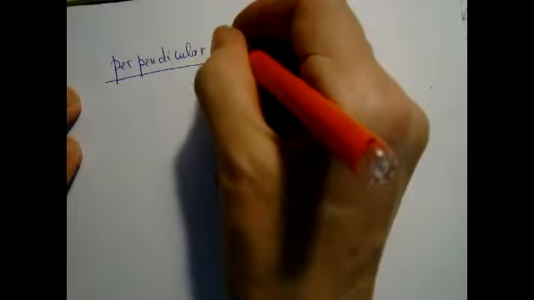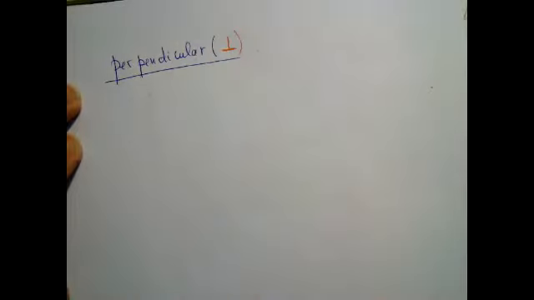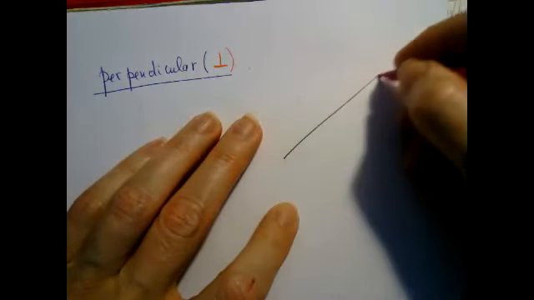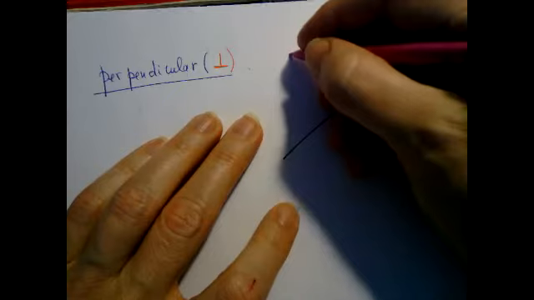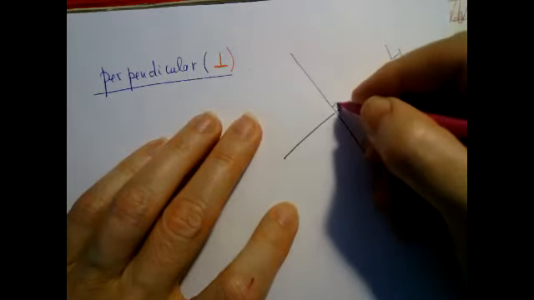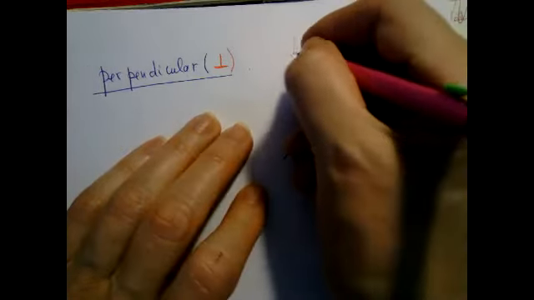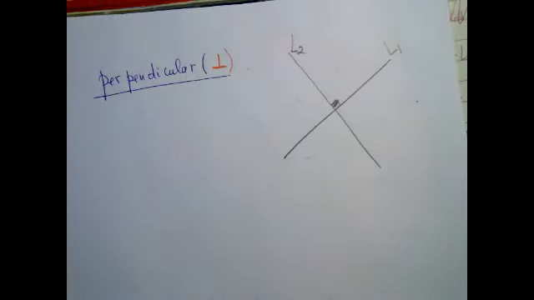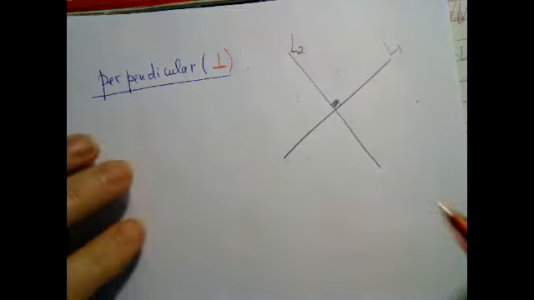Okay, so now perpendicular lines. Let me remind you what perpendicular is. The symbol for perpendicular is this. That's the symbol in case you forgot. Perpendicular means it forms a 90-degree angle with the other line. So those 2 lines are perpendicular, and the question is, what's the relationship between their slopes?